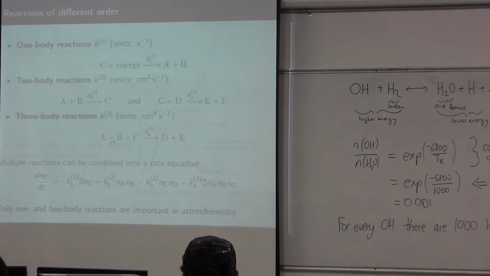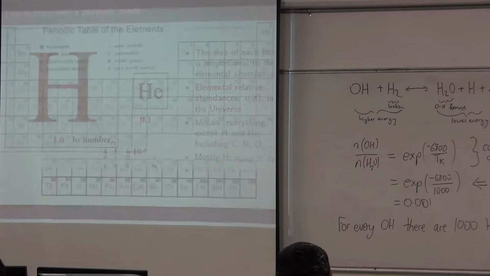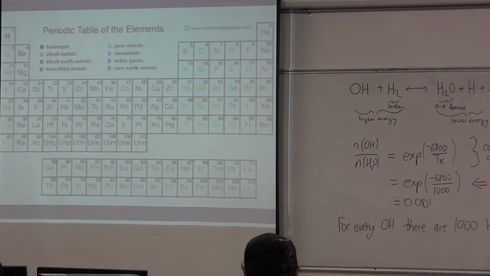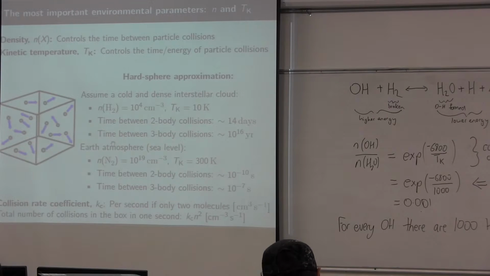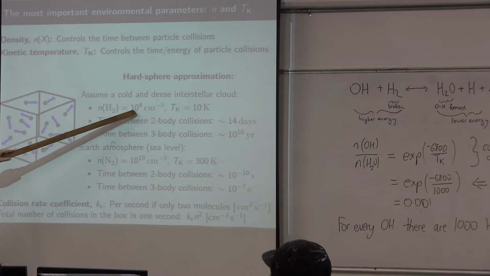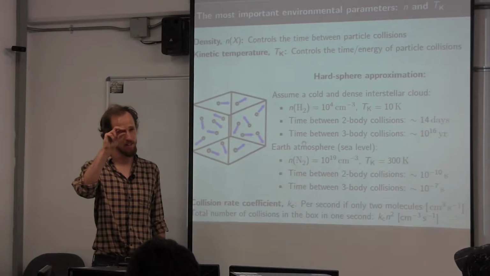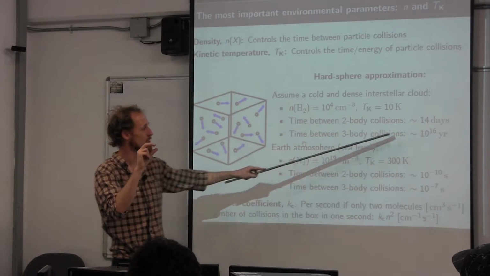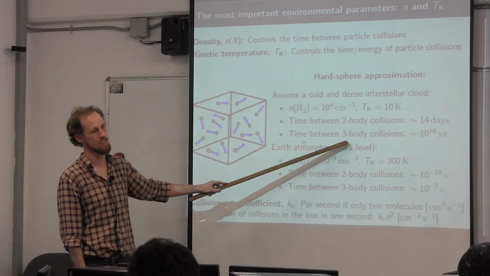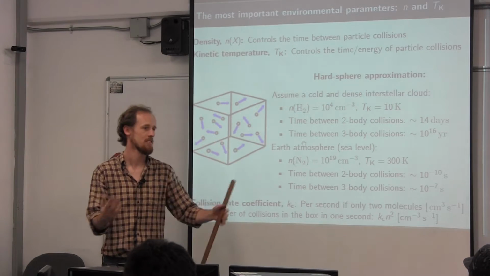If you go right back to the beginning, there was a rough calculation that if you have interstellar conditions, low temperature, low density, then you have few two-body collisions inside a cubic centimeter. This is not the whole universe. This still takes 14 days, even though there are 10,000 particles in this tiny space. And for a three-body collision, it's more than the age of the universe. So you're right, but it doesn't have an effect in this context.